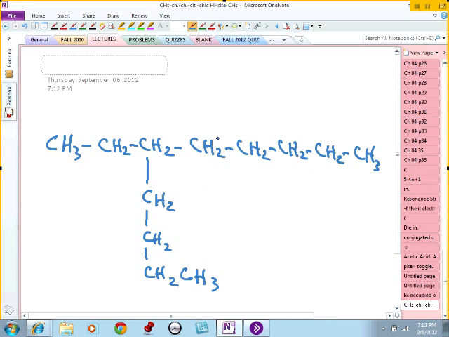Supposing I have this. Just a minute, let me take one of these out. I want to make it interesting, right? What would be the name of this alkane?